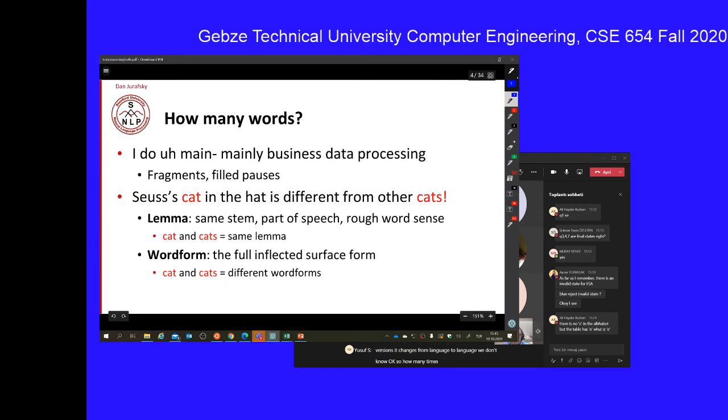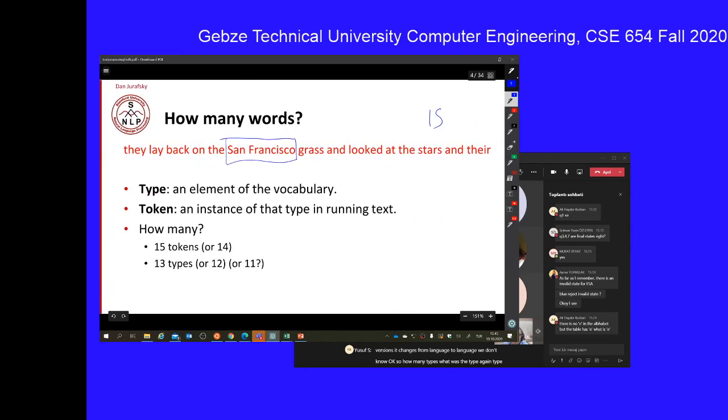So, how many types? Type is an element of the vocabulary. That means a type is the one that you see in a dictionary. So there are 13 types. Why 13? Because I have "the" and "the", and these are the same type.